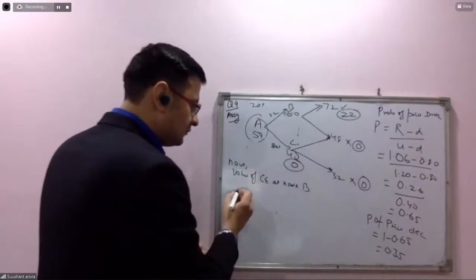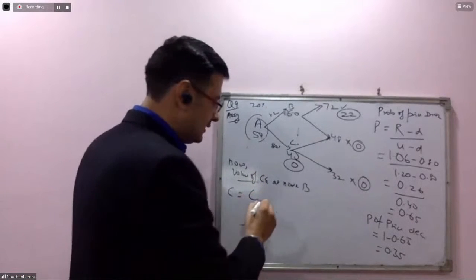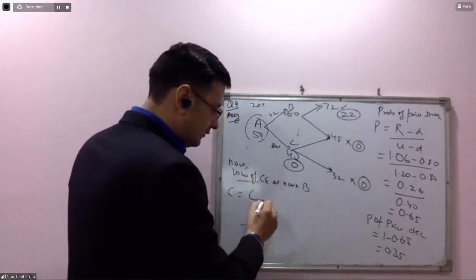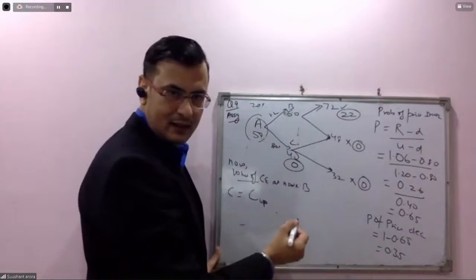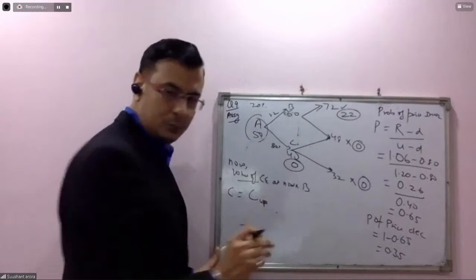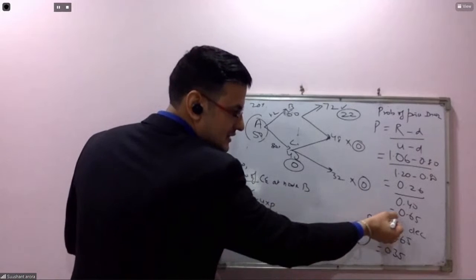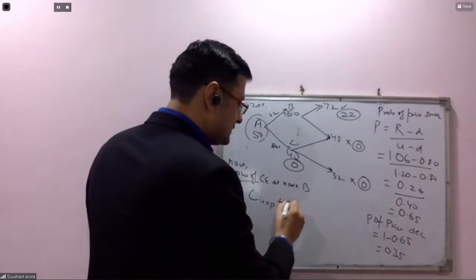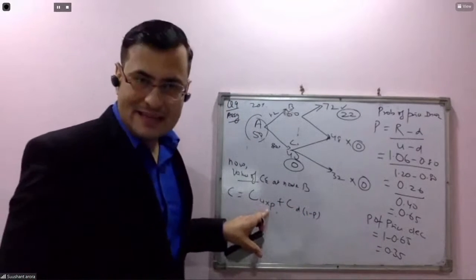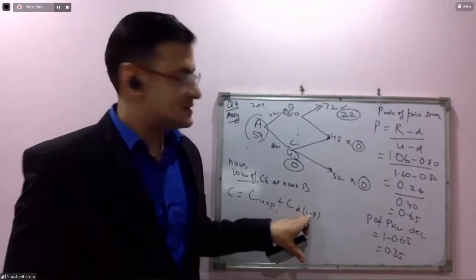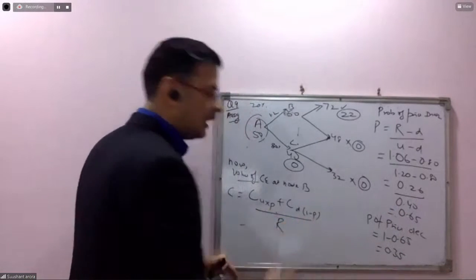So what is the formula to get a call option value? C is the call option at upper value, C_u, with a probability, U into P. Plus C_d into 1 minus P. The probability of increase in the prices and the probability of decrease in the prices, respectively 65 and 35, divided by R.